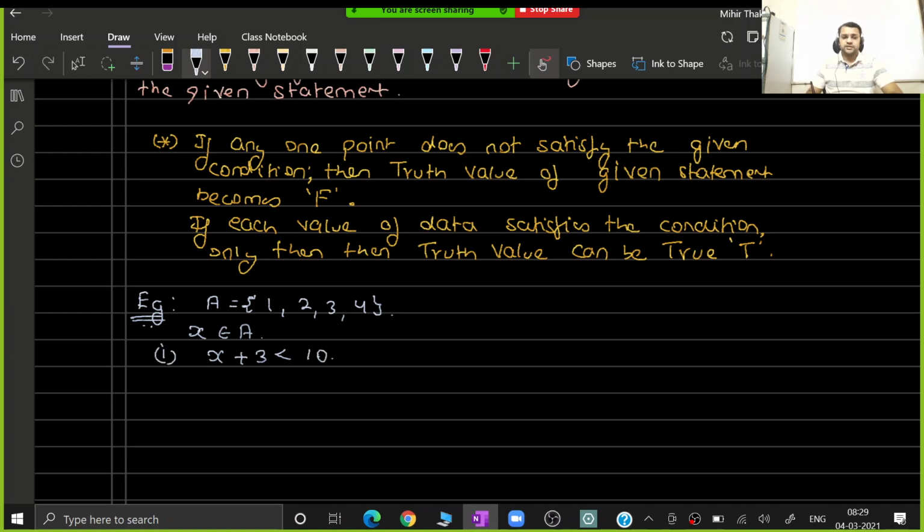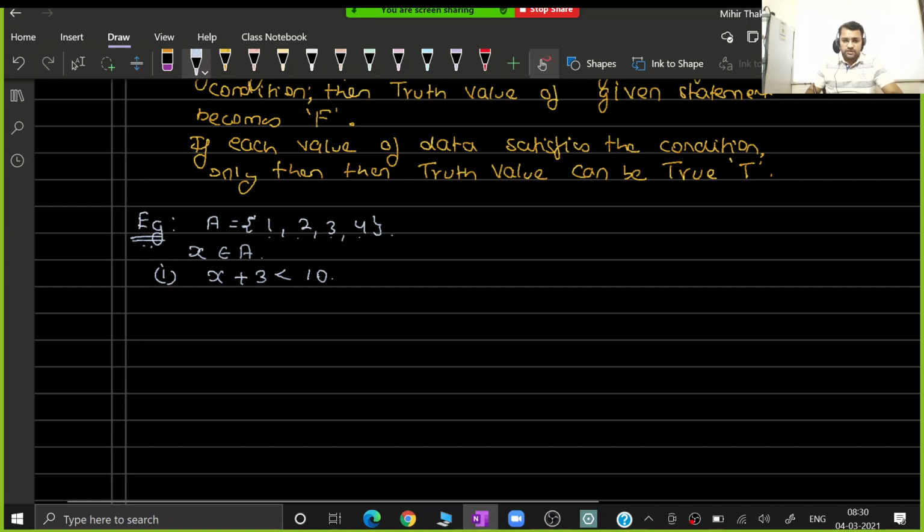If suppose I consider like this. So what are the values of x? X values are 1, 2, 3 and 4. One by one x will take all these values because we have said that x belongs to A. So let me check whether it is a true statement or it is a false statement.